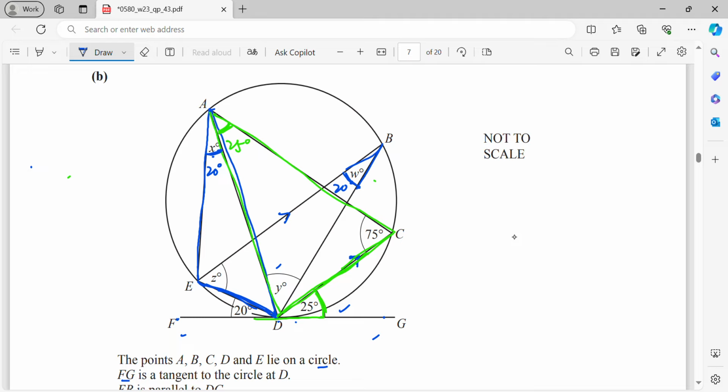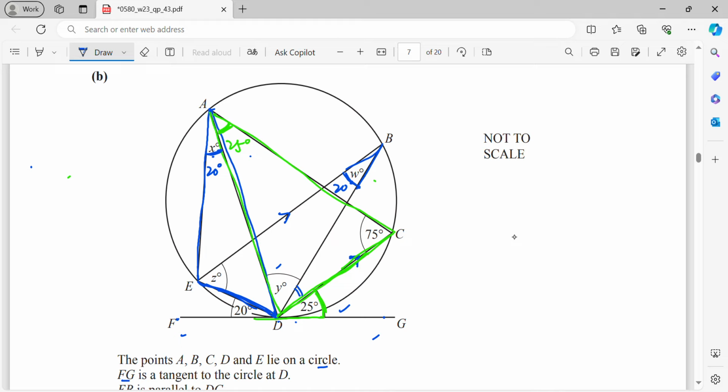So if I need to find the Y, then I know that this is 25 degrees. So I refer to triangle ADC, which is the green color. I need to know what my angle is over here.